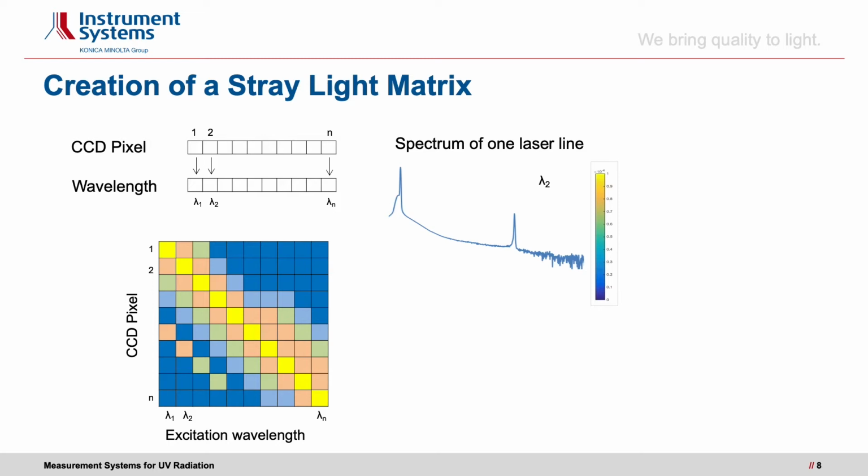Along the diagonal of such a matrix, this is the real signal, and if we subtract the real signal out of the matrix, the rest signal is the so-called stray light matrix. This stray light matrix will be applied on the spectral measurements in order to correct for the stray light which is introduced in the spectrum.